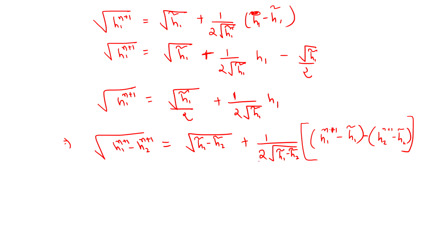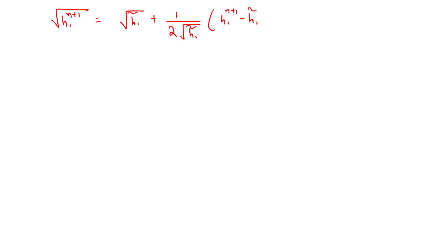So I'll give you this expression again. For the first part, root of h1^(n+1) will become root of h1 tilde plus 1 upon 2 root h1 tilde times (h1^(n+1) minus h1 tilde).